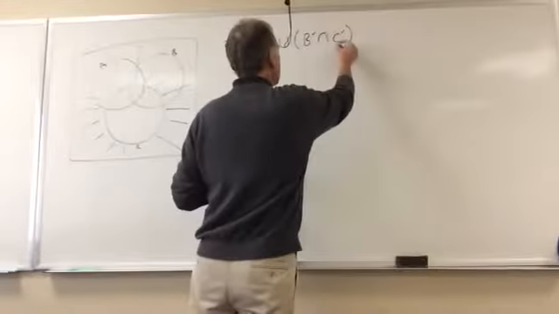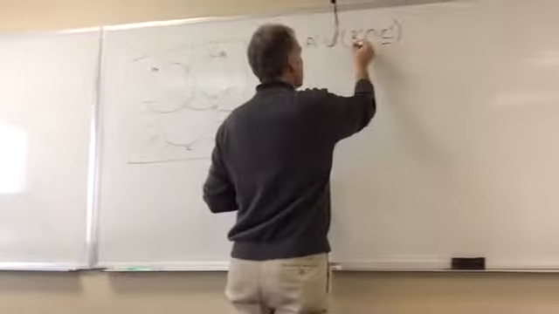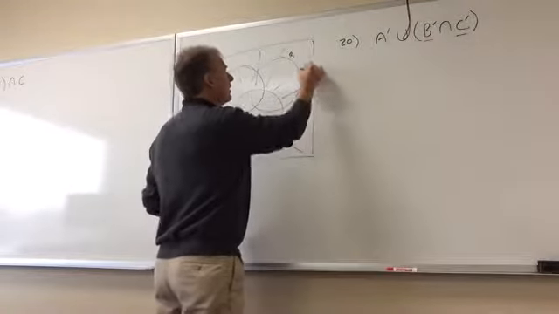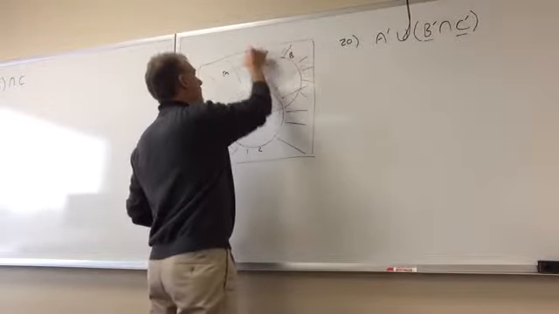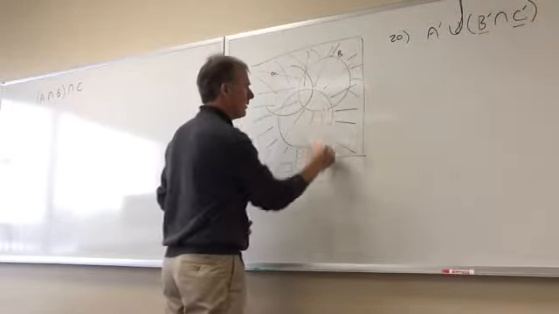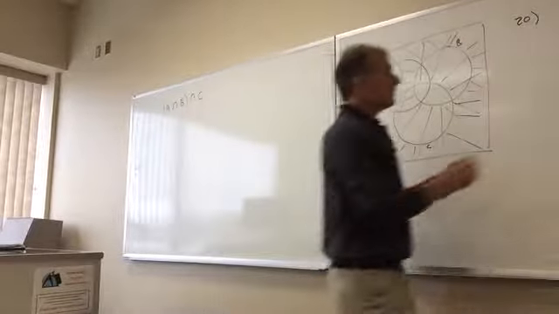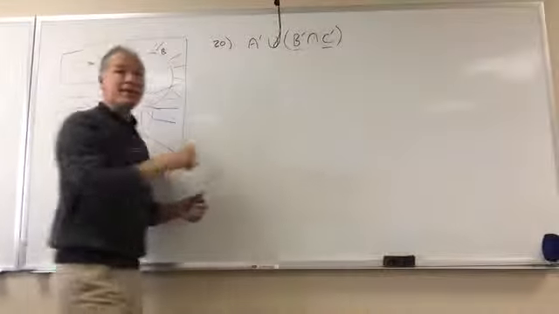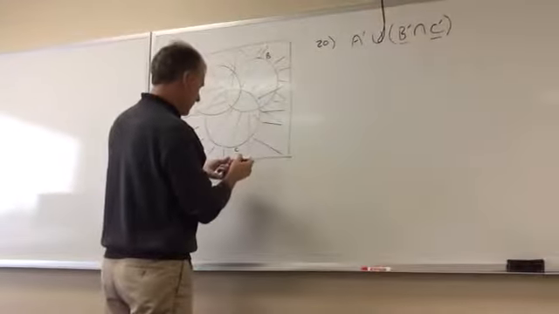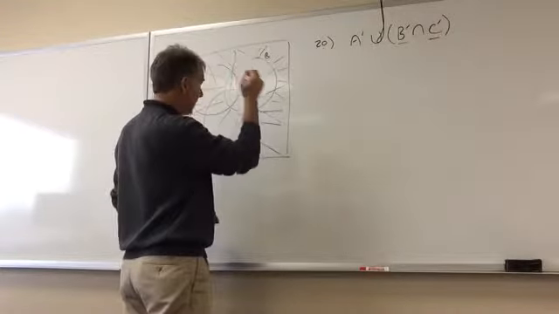Okay, so there we go. So there's our C prime. So now let's do B prime, which is going to be everything here. Okay with that? So now this is the intersection, so every place it overlaps, right? So let's see, every place I have blue and red hatching.